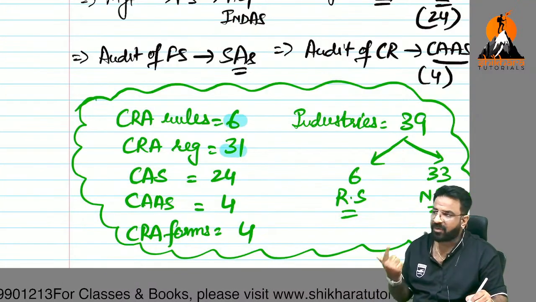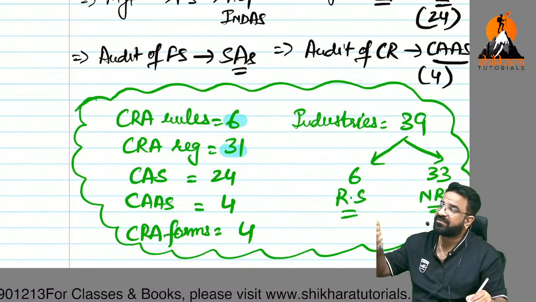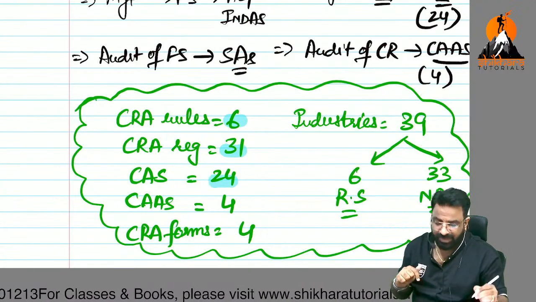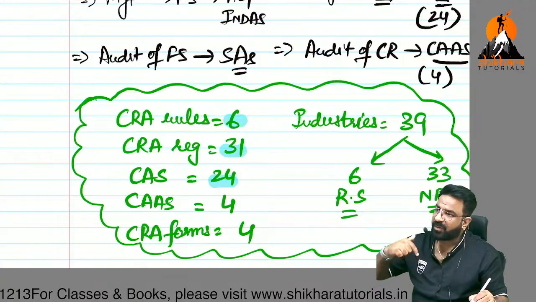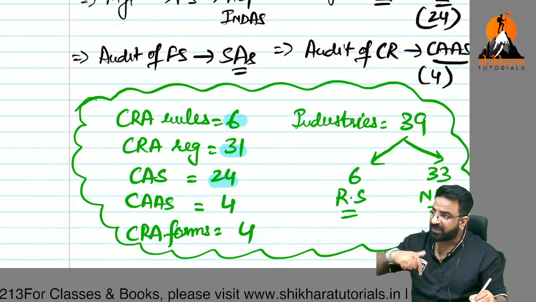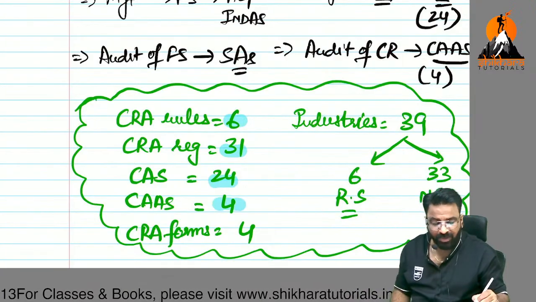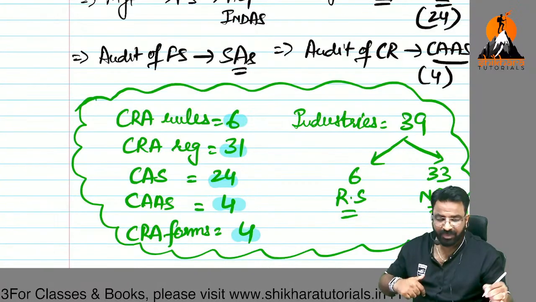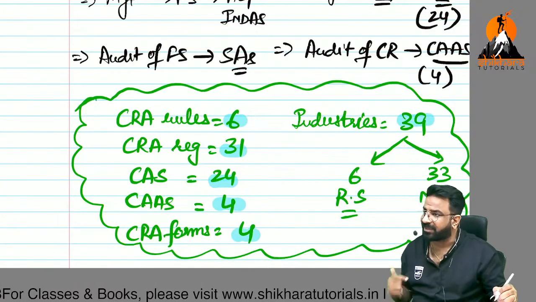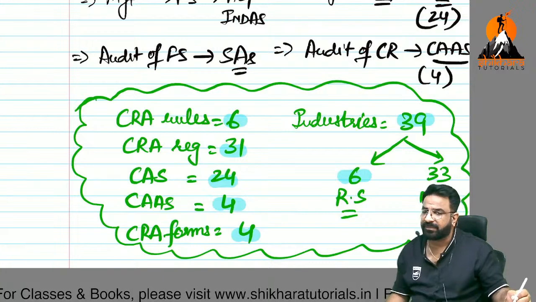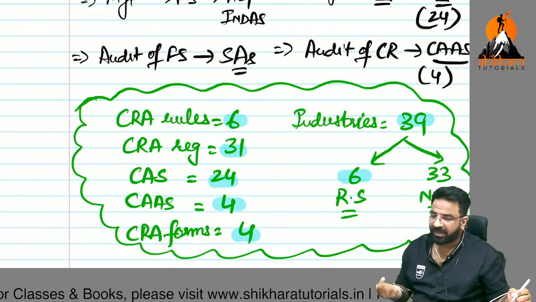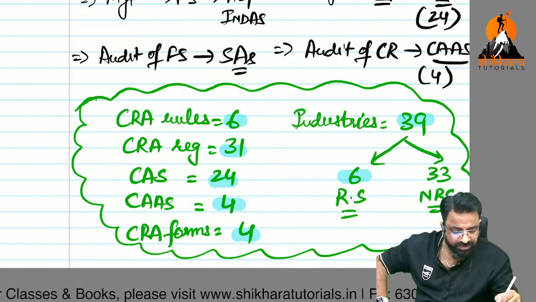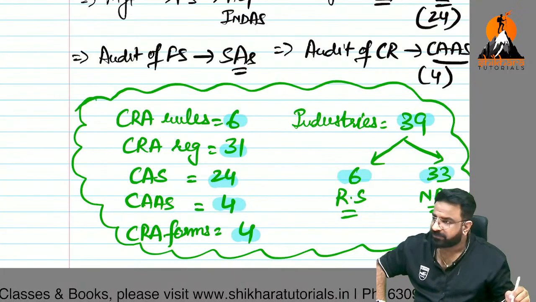How many cost accounting standards do we have to see whether the client is following or not? 24. How many cost auditing and assurance standards do we have to follow while doing the audit? 4. How many forms do we have? 4. And how many industries do we audit? 39. Out of which 6 are regulated sector, and 33 are non-regulated.